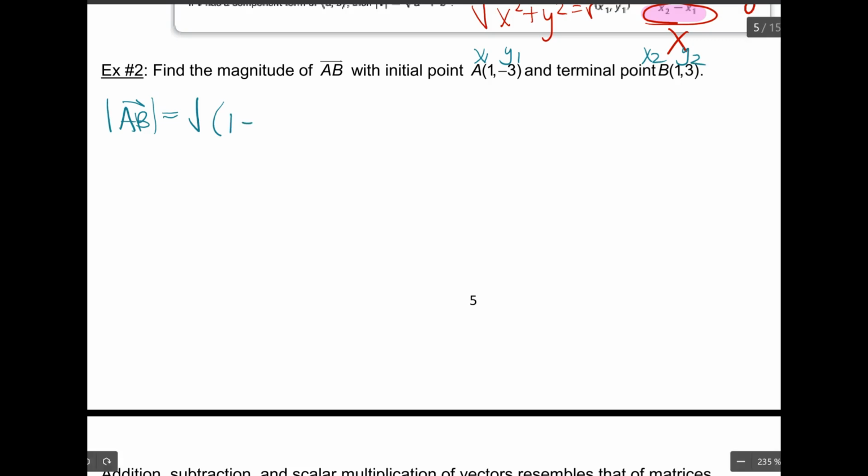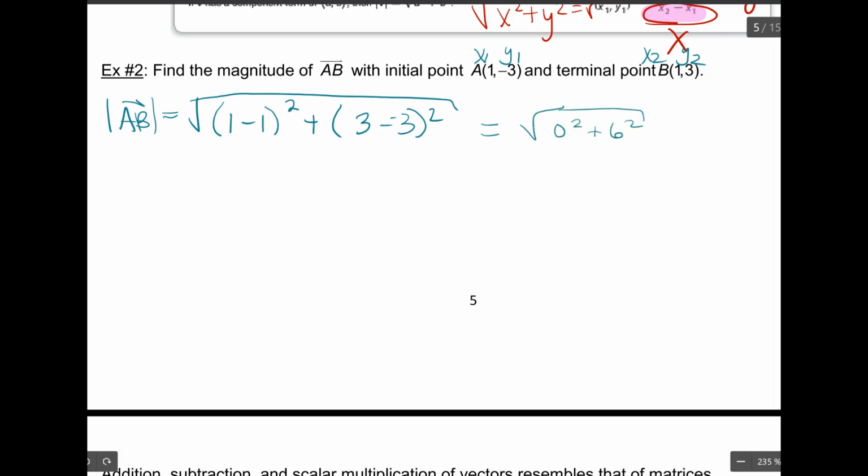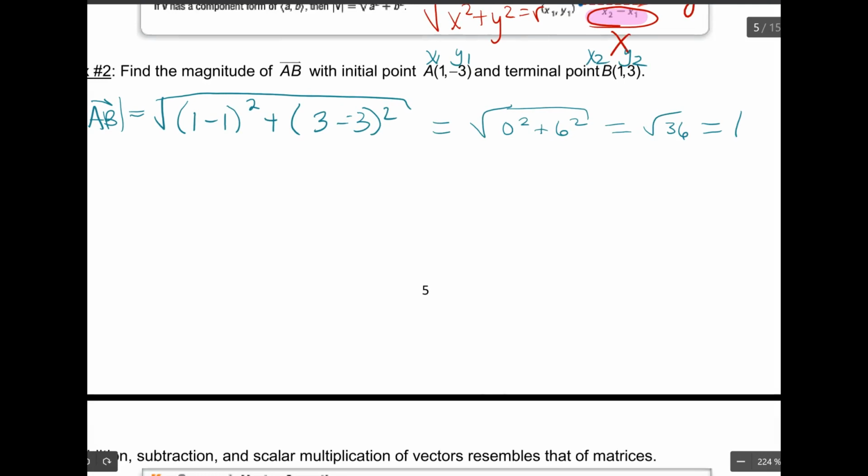So x2, 1 minus 1 squared, plus y2 minus y1, 3 minus negative 3 squared, and the square root of all of that. So that's going to equal the square root of 0 squared plus 6 squared. So that's just the square root of 36. So the length of this is going to be 6.